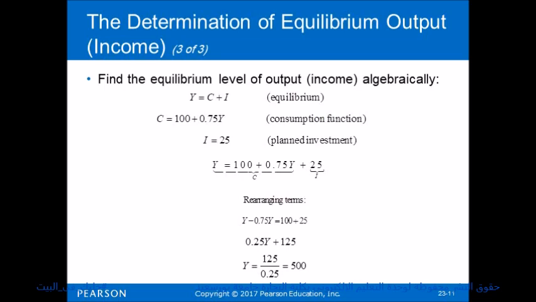So all you need to do is to substitute in the equilibrium condition given in the first line, y equals C plus I. We substitute for C using the consumption equation, C equals 100 plus 0.75y, and replace I by 25.